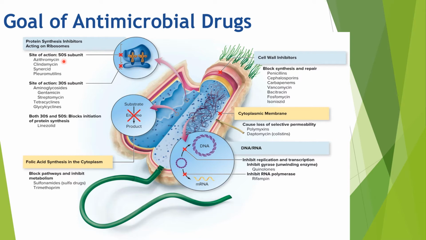And azithromycin is also a broad spectrum antibiotic, so it can target both gram-positive and gram-negative. Azithromycin is semi-synthetic, and they usually use it to treat ear infections, respiratory infections, and skin infections. So azithromycin is another one.